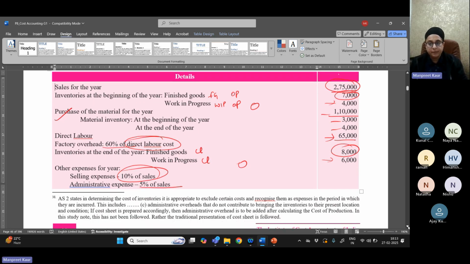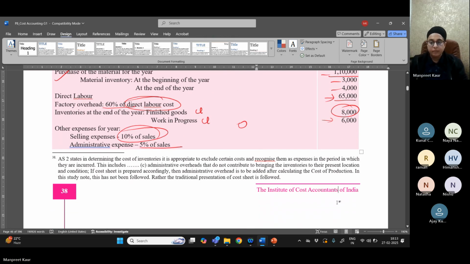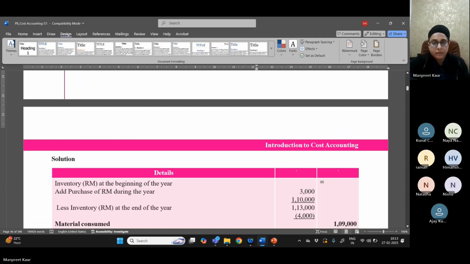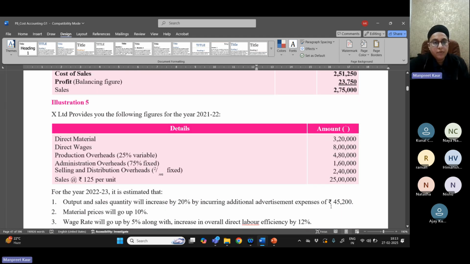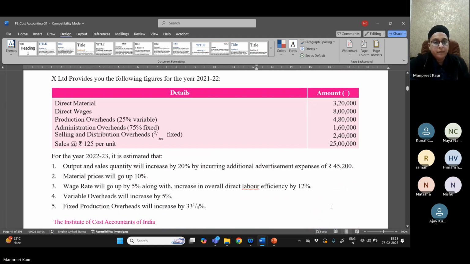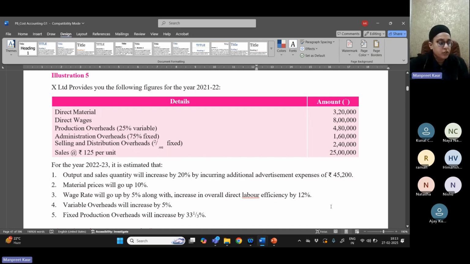question number 5. I will explain this question number 5 to you. Question number 5 says X Limited provides you the following figures for the year 2021-22.